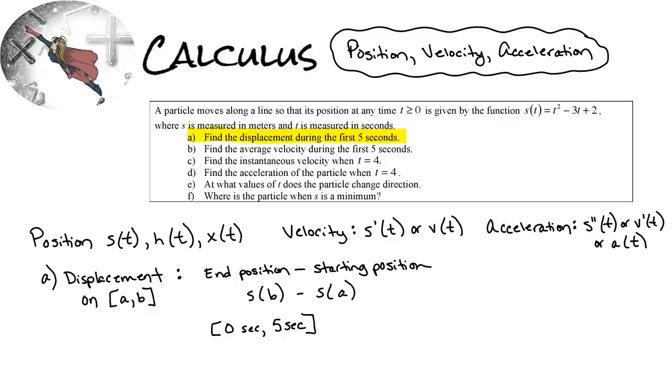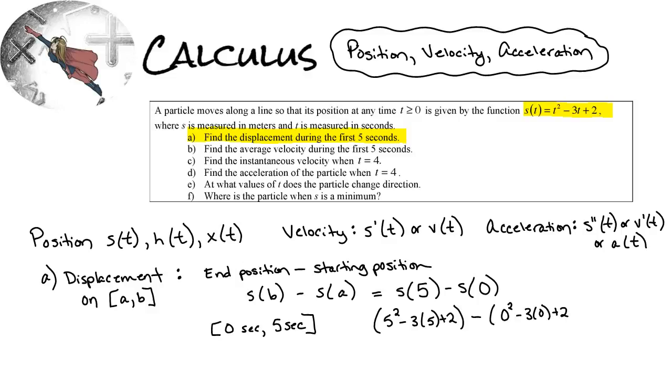So what we're basically going to do in this problem is do s of 5 minus s of 0. And the s equation was given up here in the original wording of the problem. So that's going to be 5 squared minus 3 times 5 plus 2, minus 0 squared minus 3 times 0 plus 2.